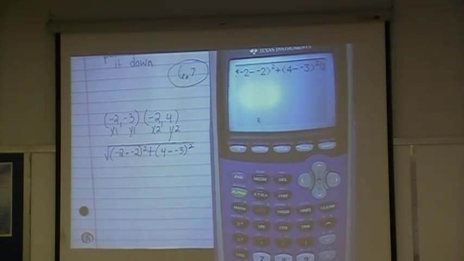Take a look at your calculator, take a look at my calculator, make sure you closed your parentheses, make sure you have the plus button in between it. Make sure you squared both things. That is the number one thing kids mess up, is they don't put everything in there. Hit enter. Everybody should have got 7. If you did not get 7, go back and look at what you did.